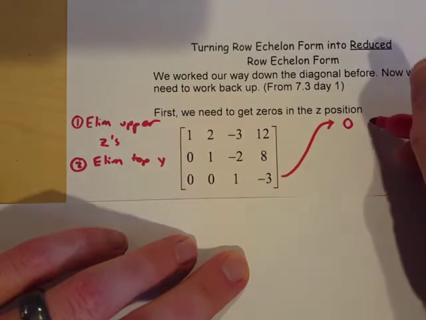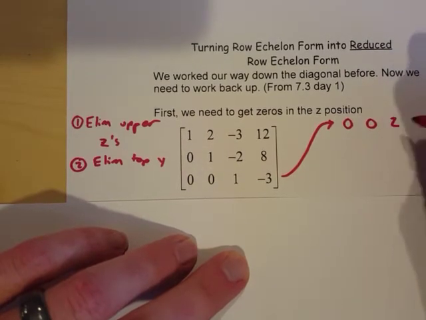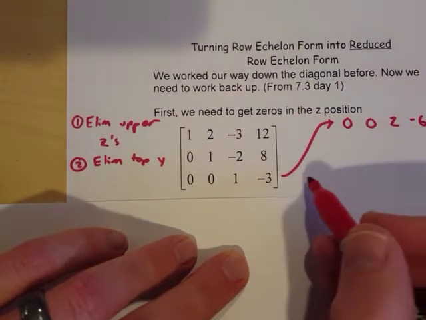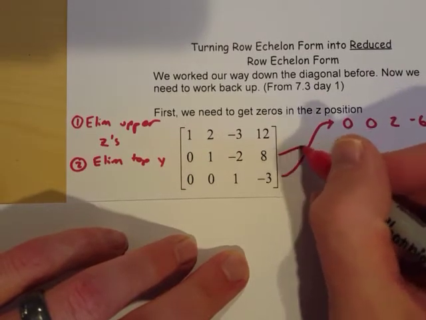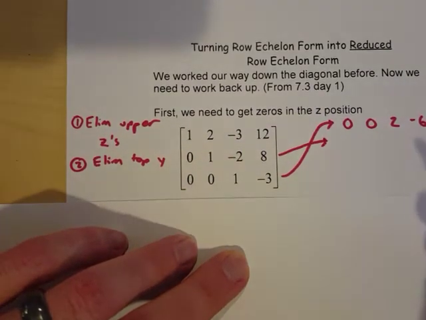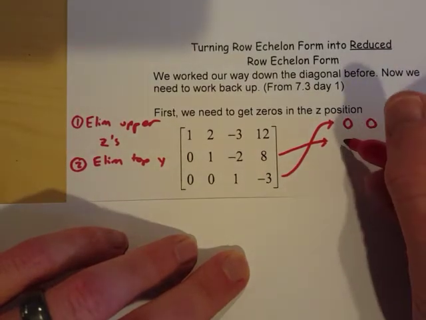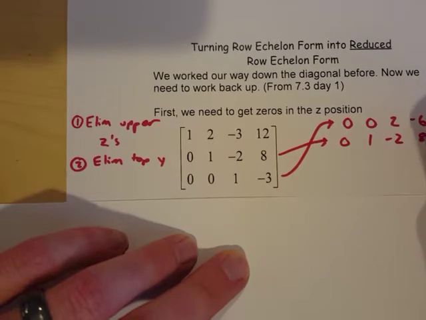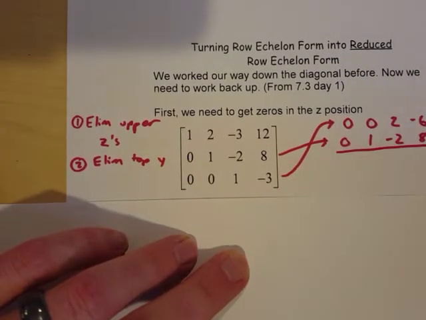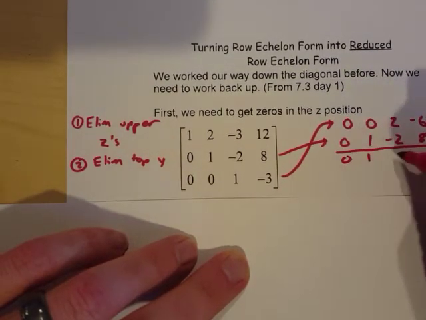So I'm going to go 0, 0, 2, -6. That's my third row. And then the second row is still going to be 0, 1, -2, 8. If I add those together, I get 0, 1, 0, and 2.